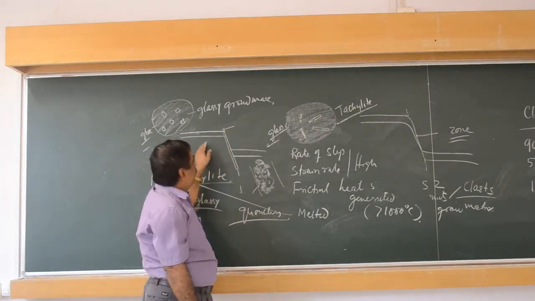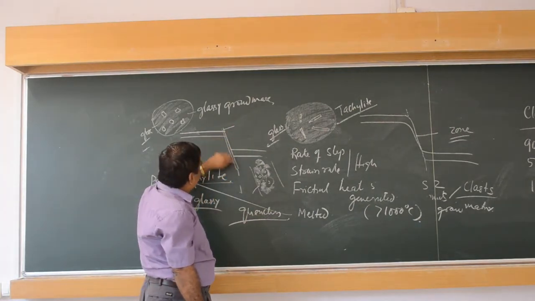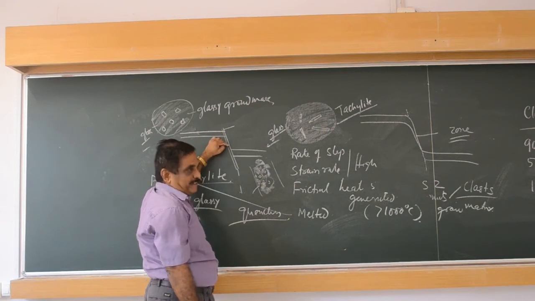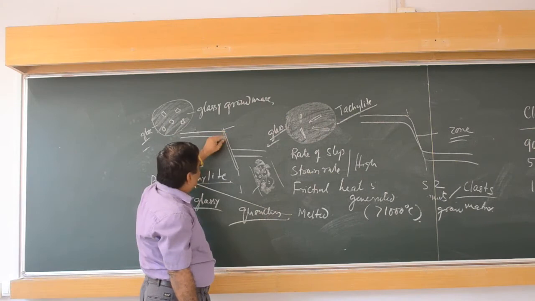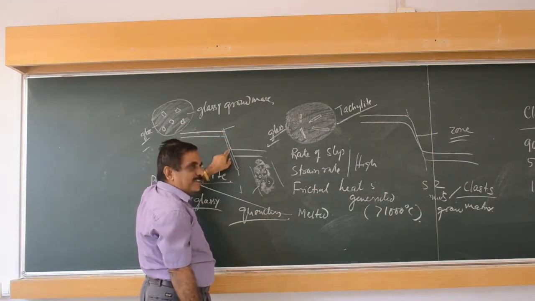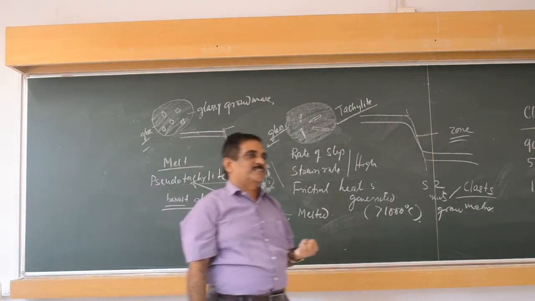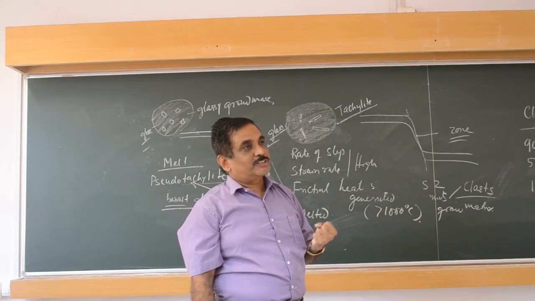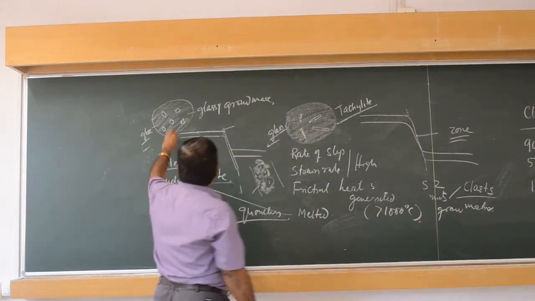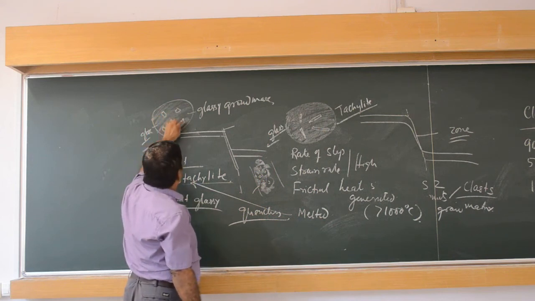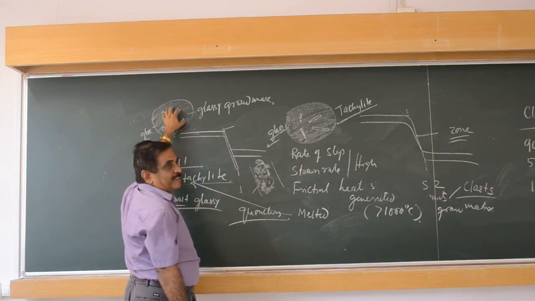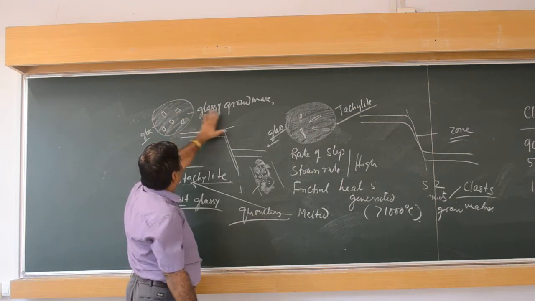You are heating only this part of the fault with very high heat, so only this small portion is heated and melted. When it comes in contact with the cold rock, suddenly it quenches and solidifies into glass. That is why a glass is produced. And the clasts which are not melted remain floating in this glassy groundmass.